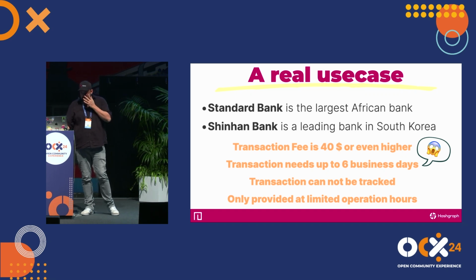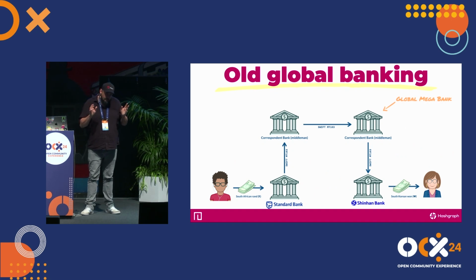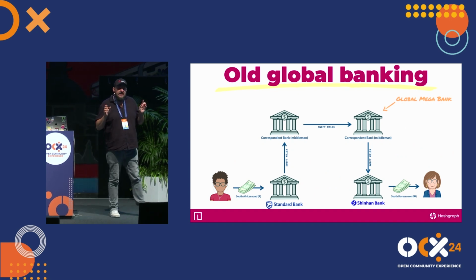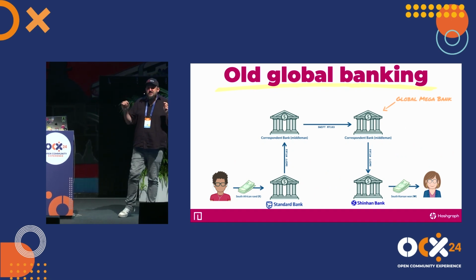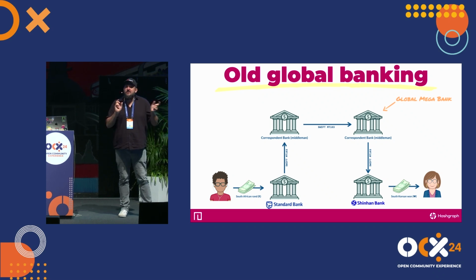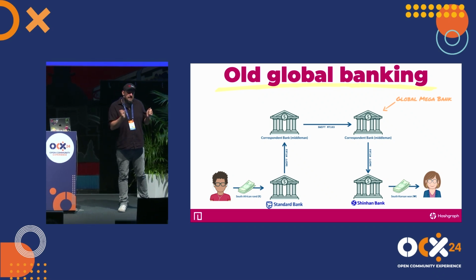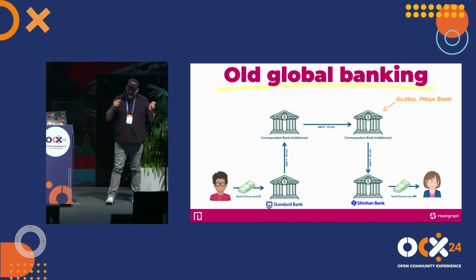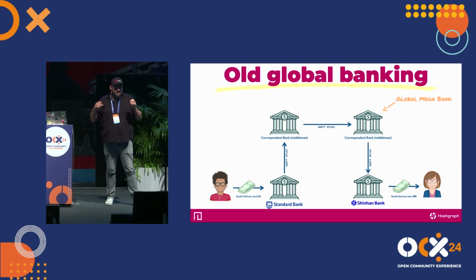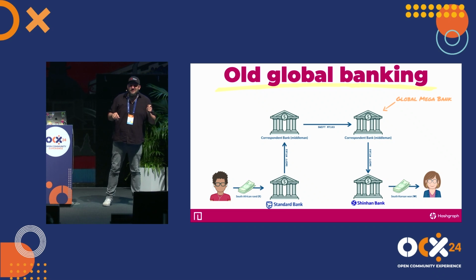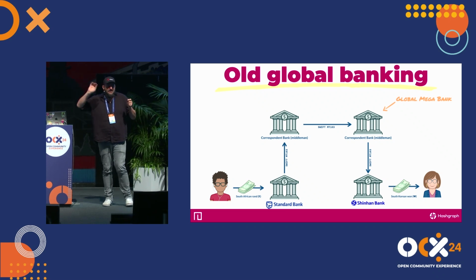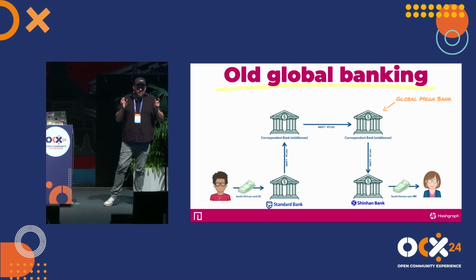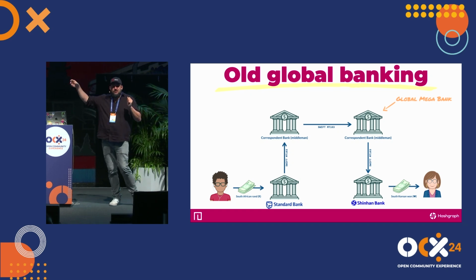The problem that we have when doing such a transaction, as you can see in the picture, is that there's no direct connection between those 2 banks. Since the transaction goes over a lot of borders in the world, going from Africa to Asia, you have middlemen, other banks, where this transaction goes over.